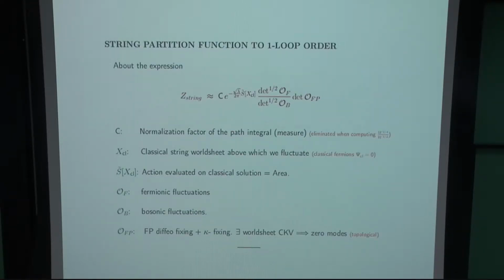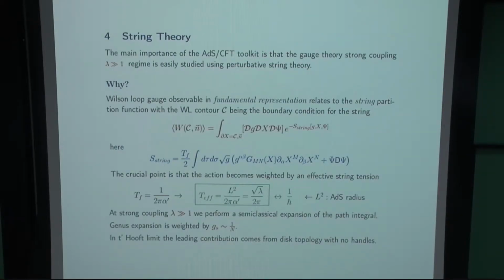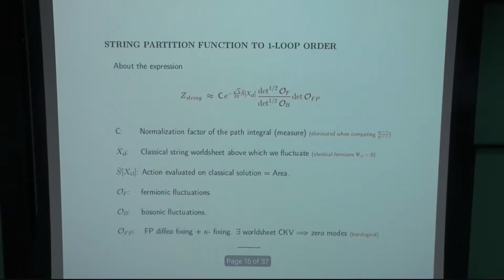Okay, generically, what are we doing? We are taking this string action and expanding around the surface, looking for a classical solution, perturbing, obtaining a quadratic fluctuation over the surface, and computing the determinants of these fluctuations. We want to do this.